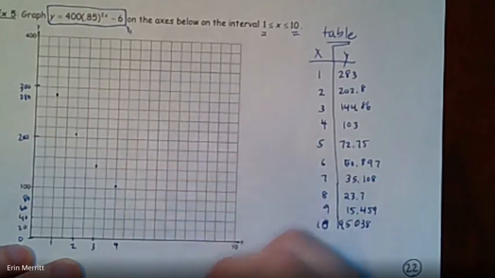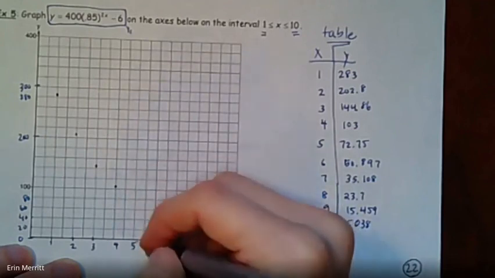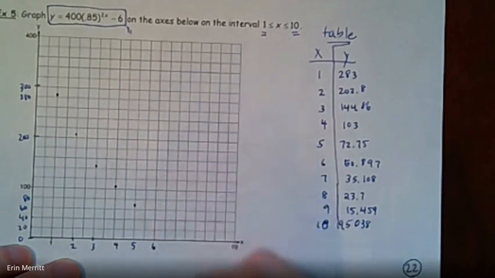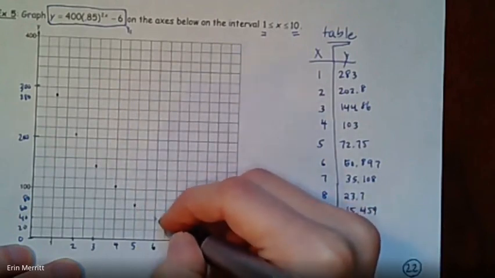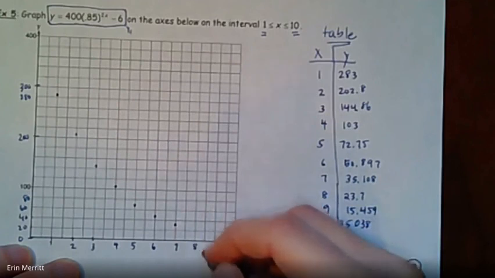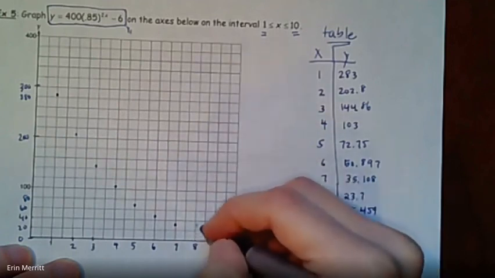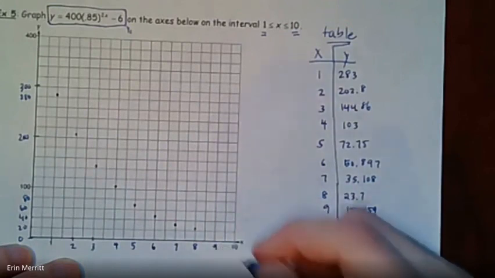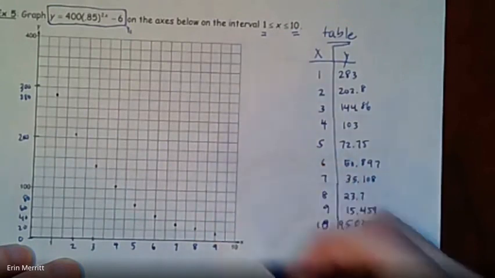So take your time, plot out all the points nice and neatly. And what you should be able to do by the end of it is connect the dots in a fairly smooth curve.